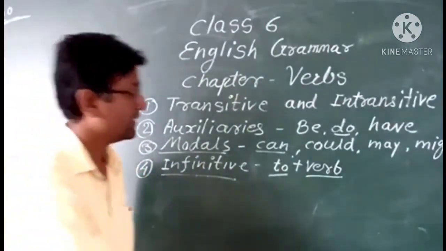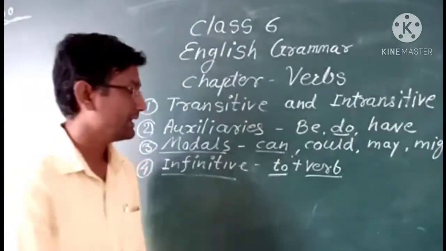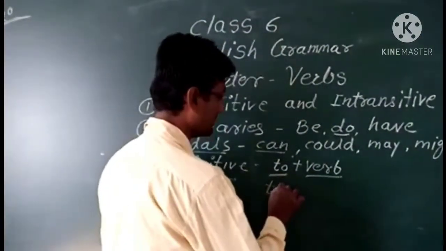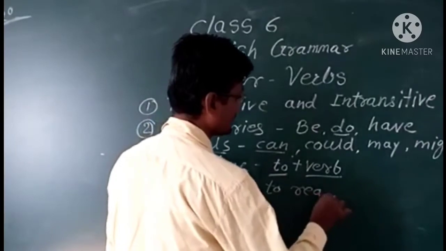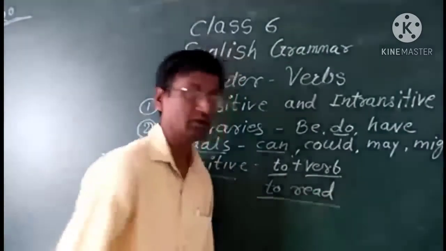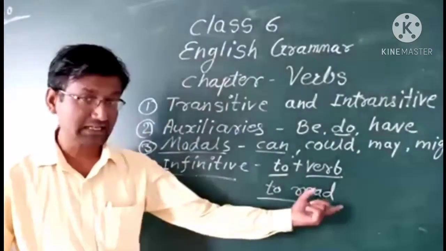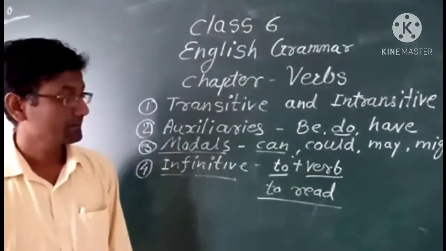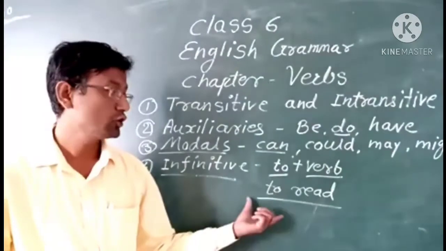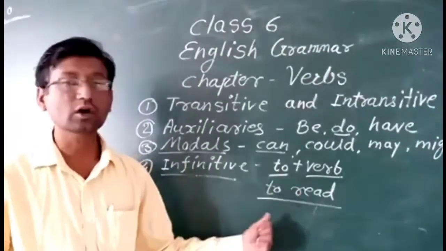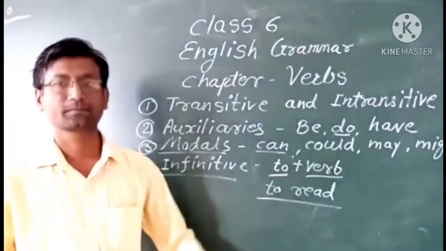They are always combined with to. For example, to read. So this is an infinitive. An infinitive verb is always in the base form. It is not attached with any suffixes or prefixes. Like to reading, that is wrong. To reads, that is wrong. So it should always be to read.